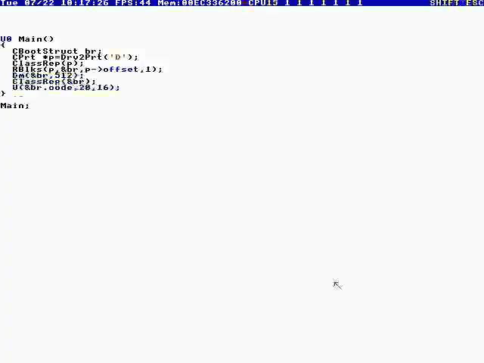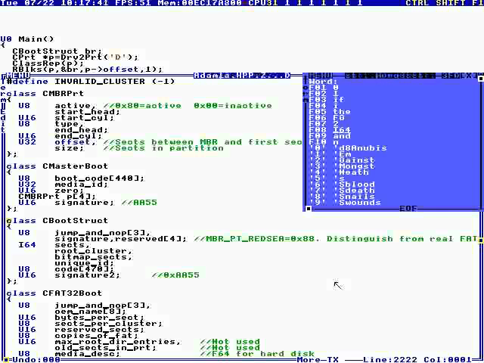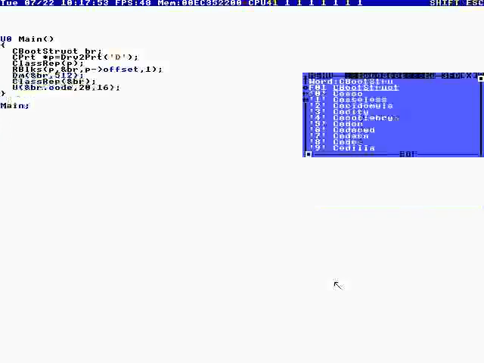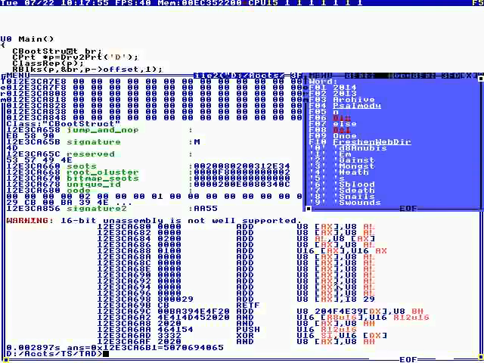So what is my problem? Read boot record, dump boot record, class rep. It's the wrong structure. What is this structure? What's the signature in this?